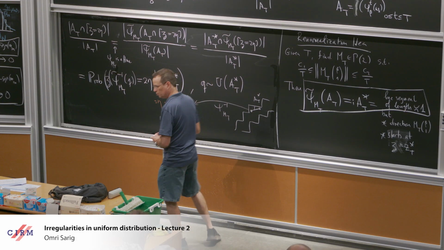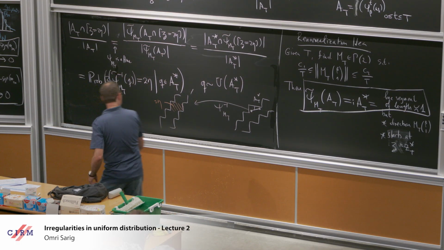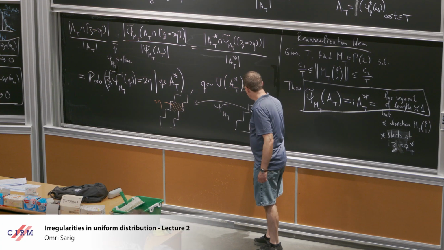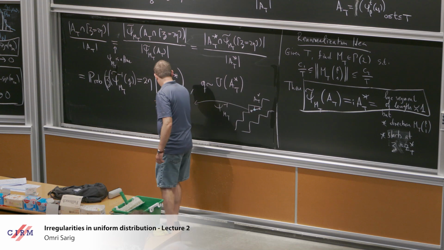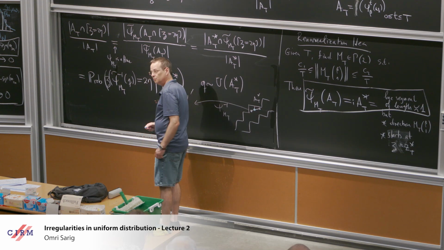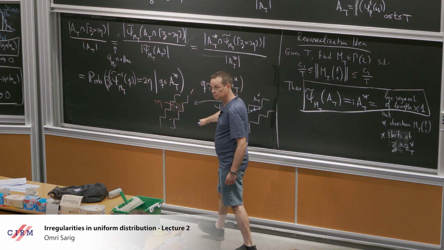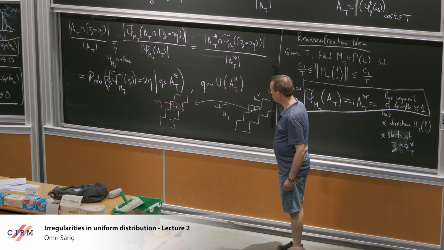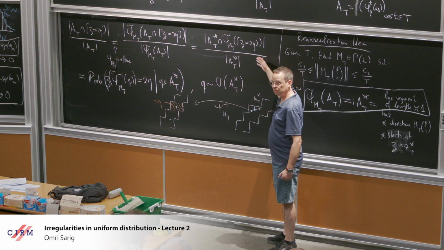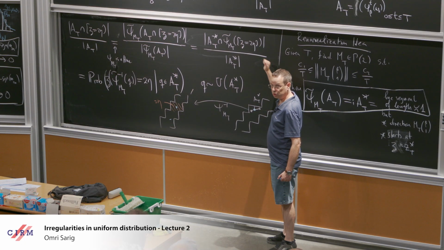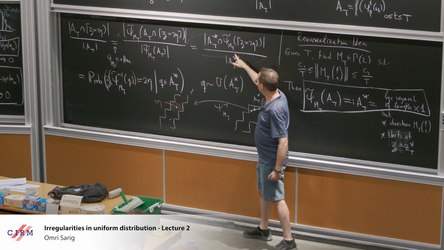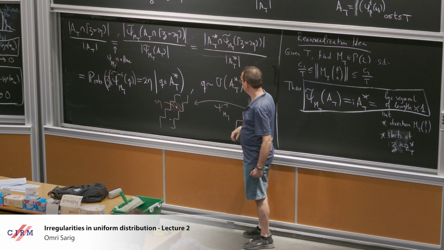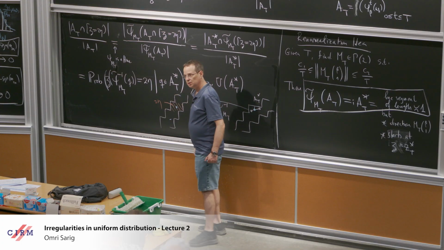I pick a point randomly uniformly on the short segment, I apply psi inverse. Maybe it falls here, but maybe it falls here. I want to know what's the probability that it falls there. You understand what I mean? So this ratio of lengths is exactly the conditional probability of the event that psi inverse falls inside this rectangle when you sample the point randomly uniformly from this line segment.